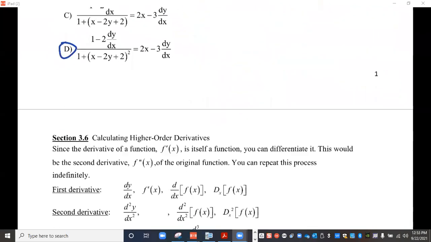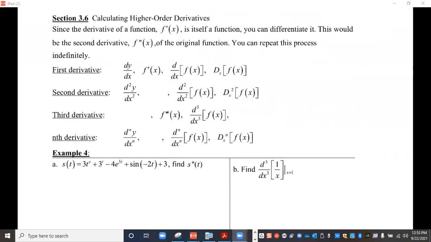Okay, so now let's just talk about higher order derivatives. So again, we've looked at the second derivative, we've looked at the first derivative, but obviously there are higher derivatives out there. Again, just a reminder, some notation for first derivative. Here's your dy dx. You may see f prime of x. Those are your common derivative notations that we see. You also have that d over dx as well, or you may see that uppercase D of x, D sub x.